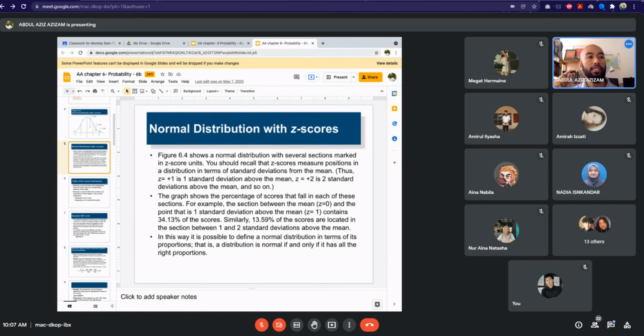For example, the section between the mean, z equal to 0, and the point that is 1 standard deviation above the mean, z equal to 1, contains 34.13% of the scores. Okay.